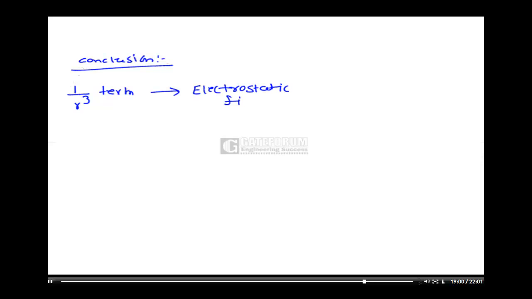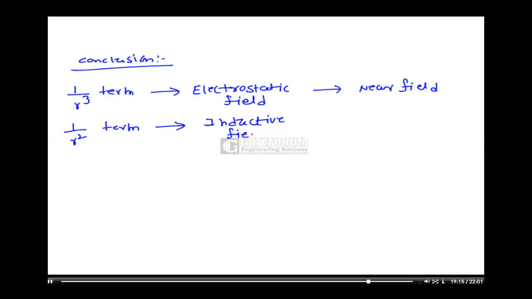So the conclusion is: the 1 by r cube term, known as the electrostatic field, is also called near field. The 1 by r square term, known as the inductive field, is also near field.